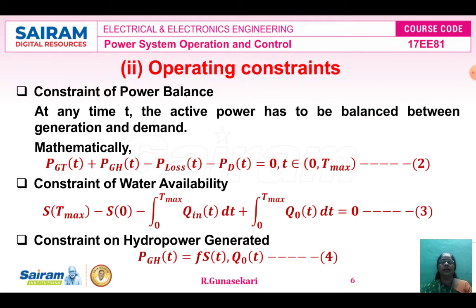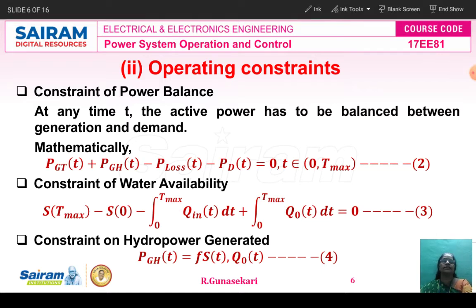Then the second one is the operating constraints. The first constraint is the power balance. At any time T, the active power has to be balanced between generation and demand.